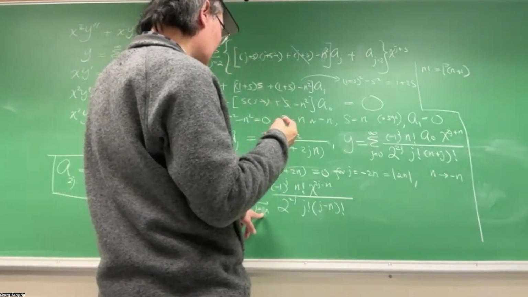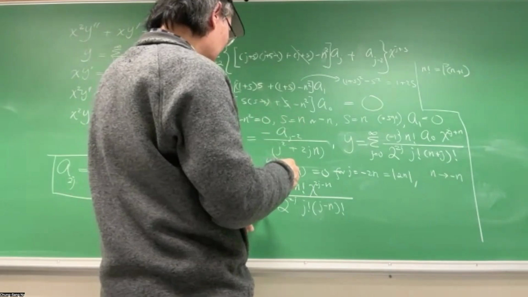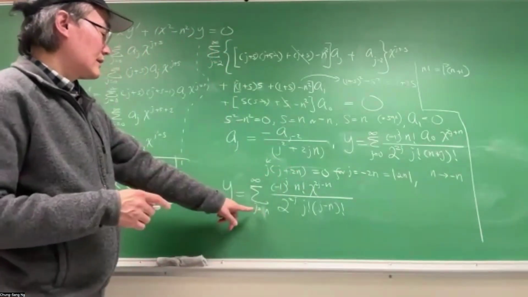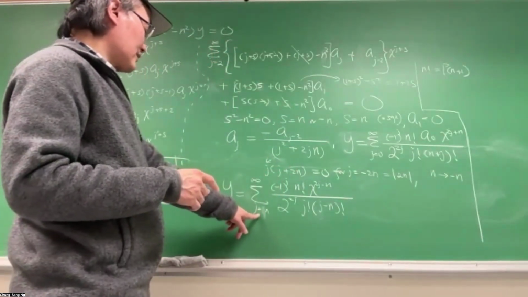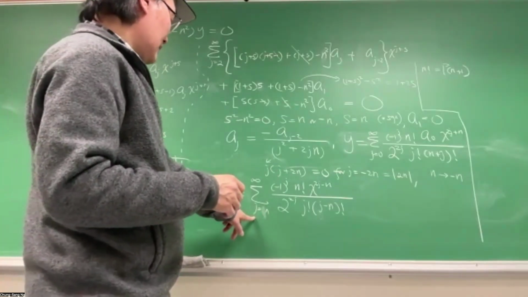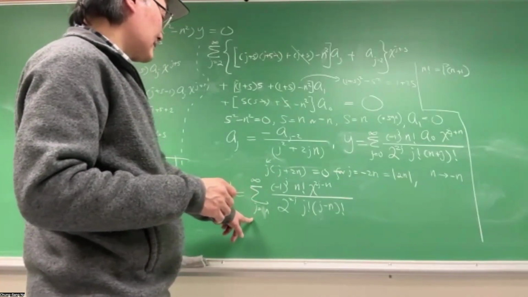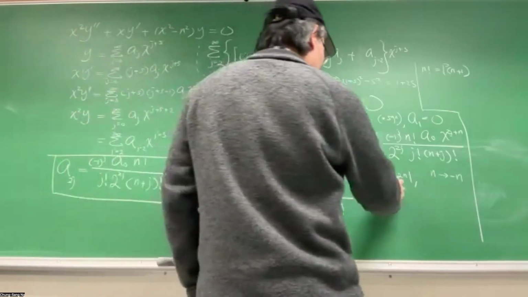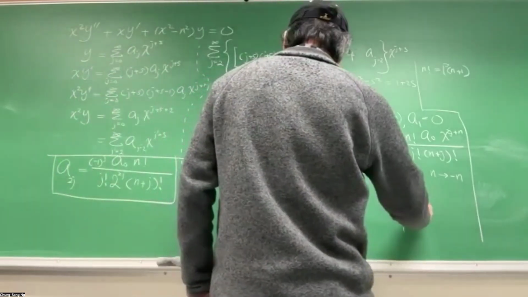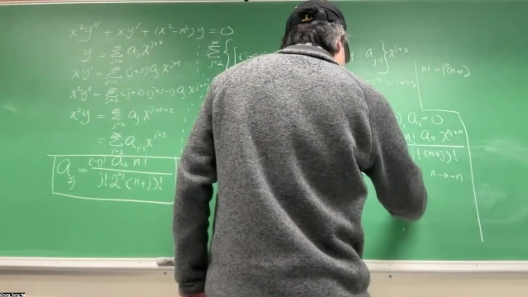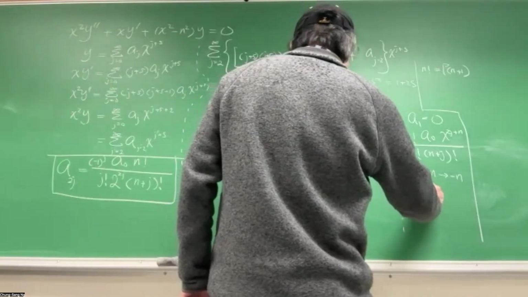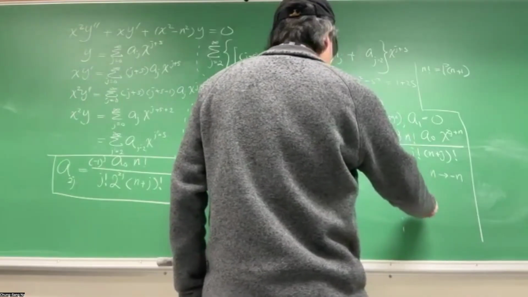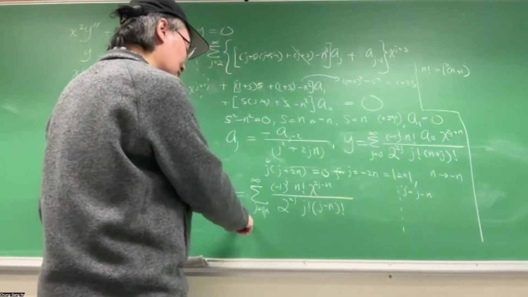It starts from n, and we want the series to start from 0. So we define a j prime, which will be j minus n, so that j prime will start from 0.